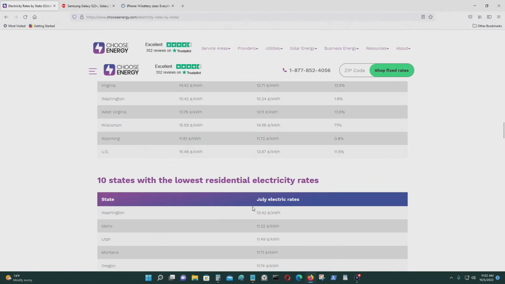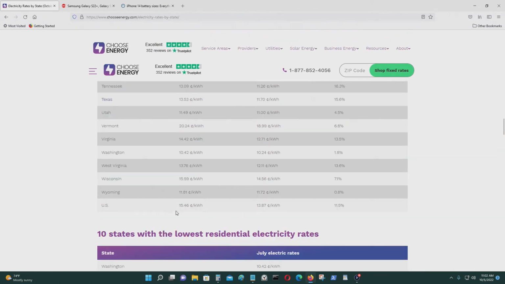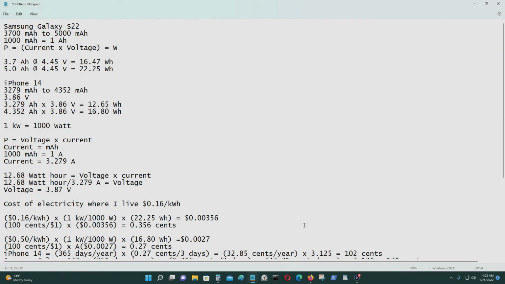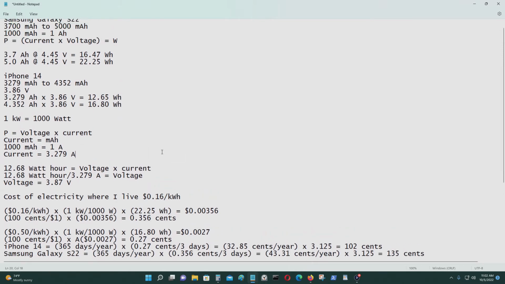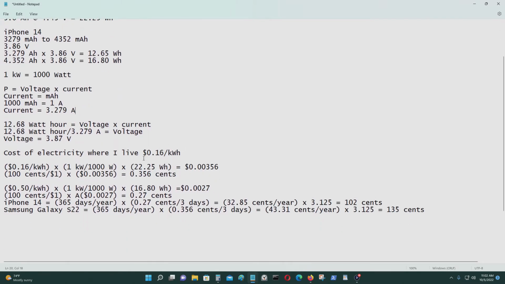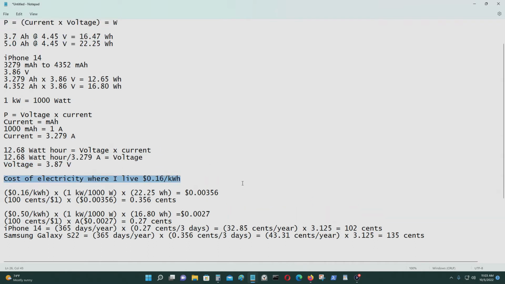The average is about 15 cents, let's say. And that's what I'll be using in this equation. So we'll just round it off and put it at 16 cents per kilowatt hour for the electricity.